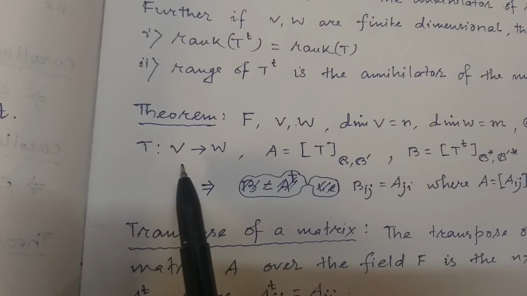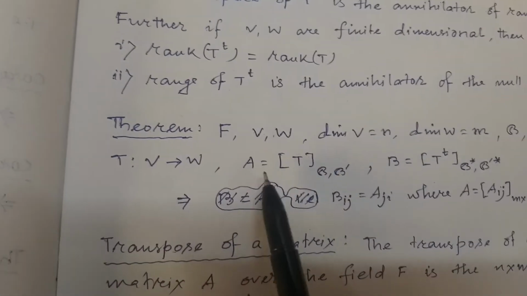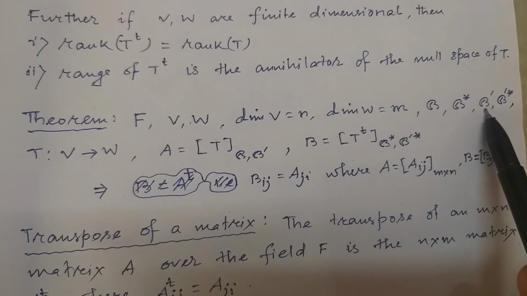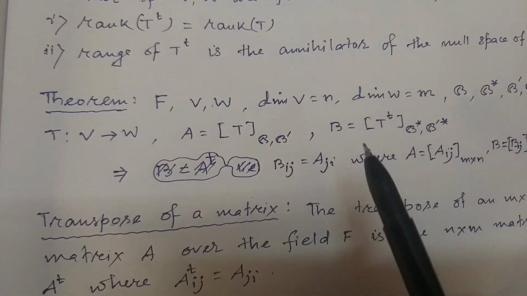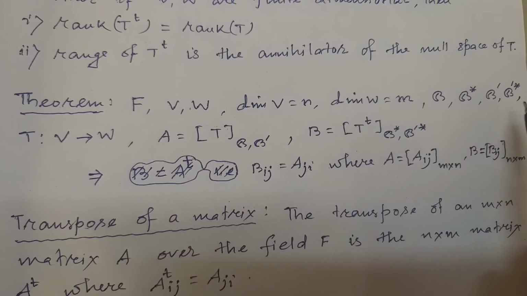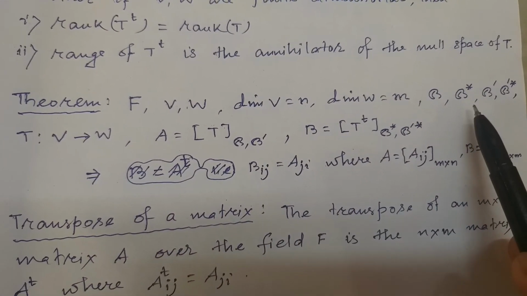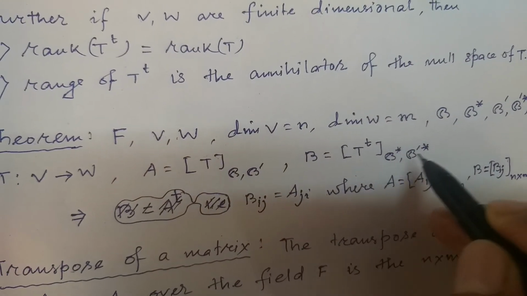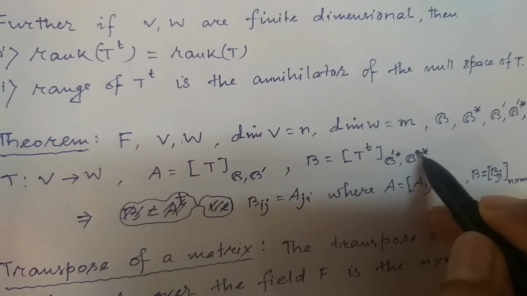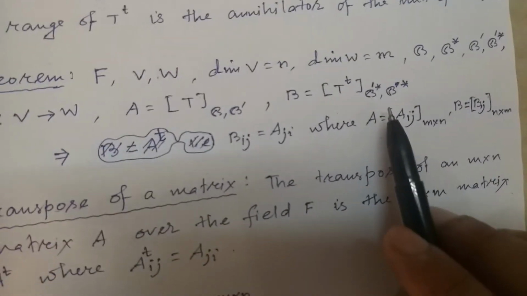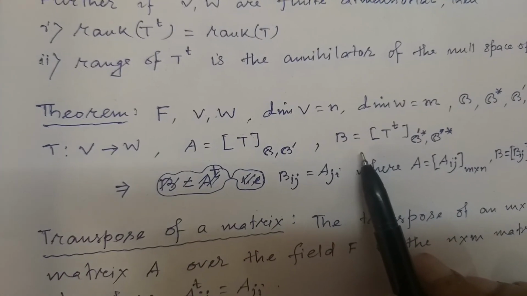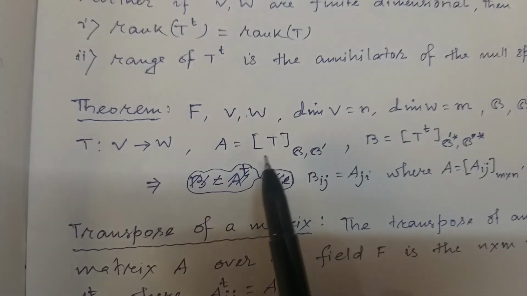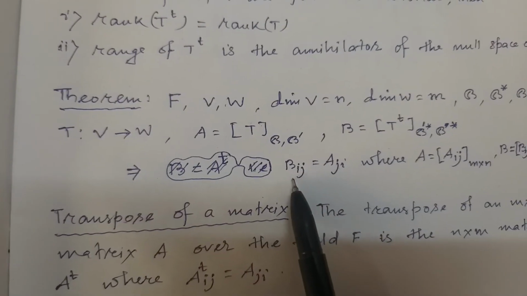T is a linear transformation from V to W, and the matrix of T with respect to these bases is, suppose, capital A. The matrix of T transpose from B dash star to B star will be B. Now how are the matrices A and B related? Bij equals Aji.